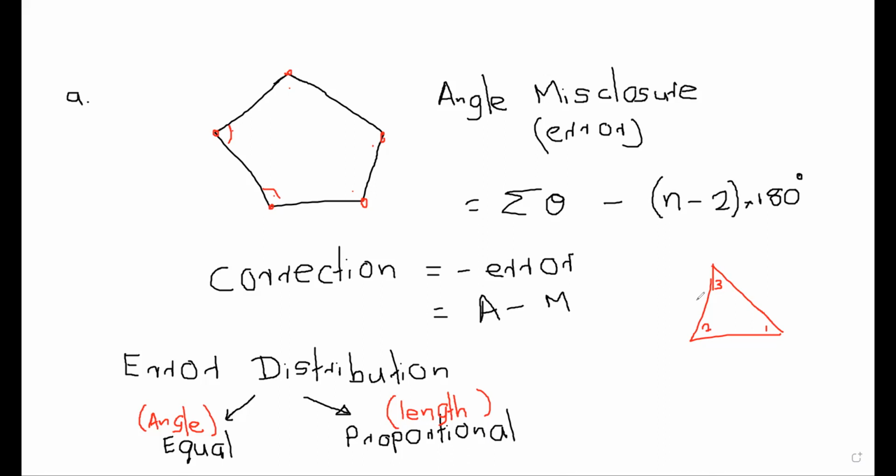Otherwise, it is not worth correcting. There can be a small error that is called the angle misclose, the error of your angle measurement. That error can be distributed and you can correct the angles. After the correction, the summed angle should be equal to the theoretical value. Clear?